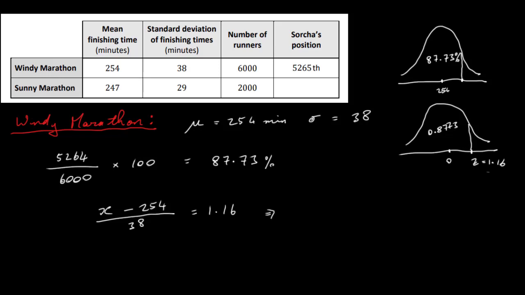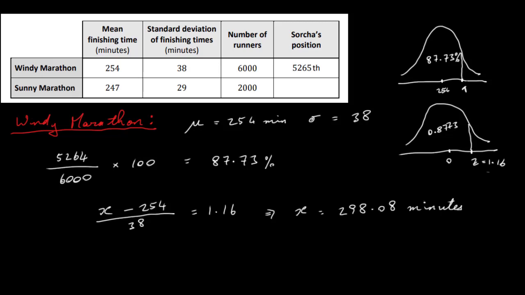We multiply by 38 and then add 254. That'll give me an x value of 298.08. This is going to be minutes. So that's the time it took Circa to run the Windy Marathon.